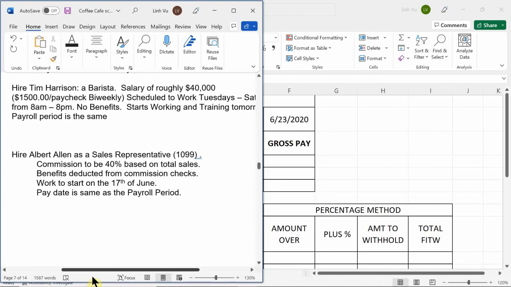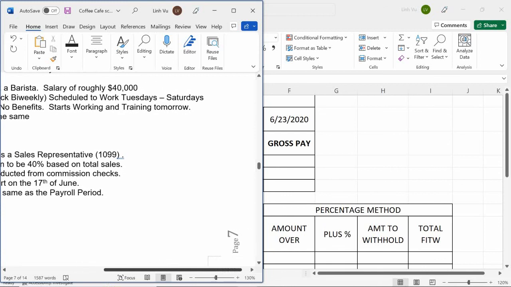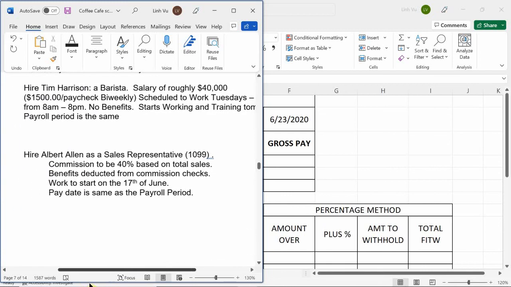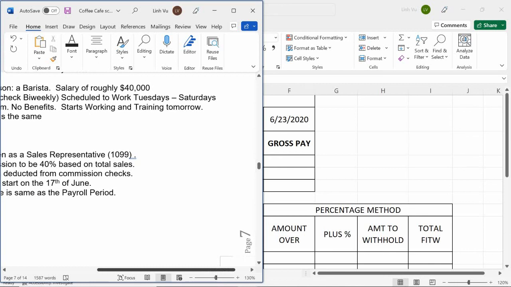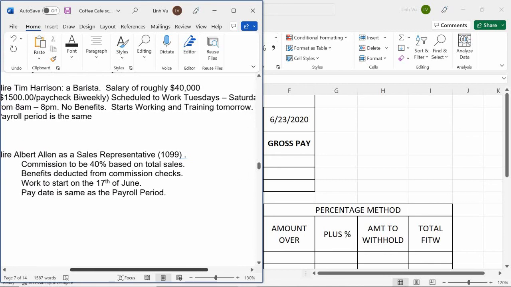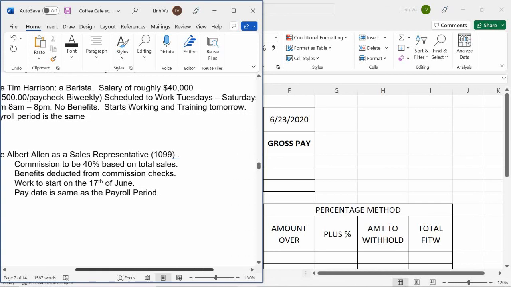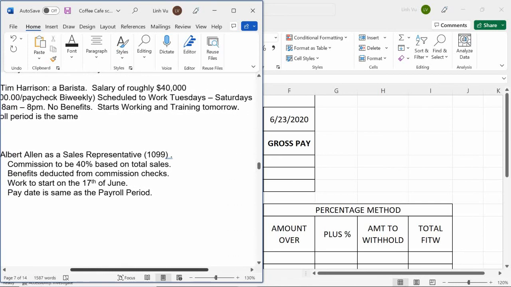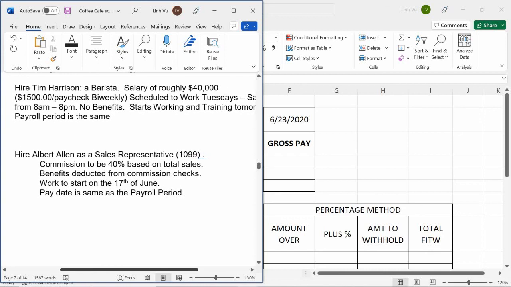So he's going to be earning commissions of up to 40% based on his total sales. Okay? And benefits deductions are going to be from his commissions, which in this case we're not going to offer any. And of course, work to start on the 17th of June. Okay? And the pay date is the same as the payroll period.